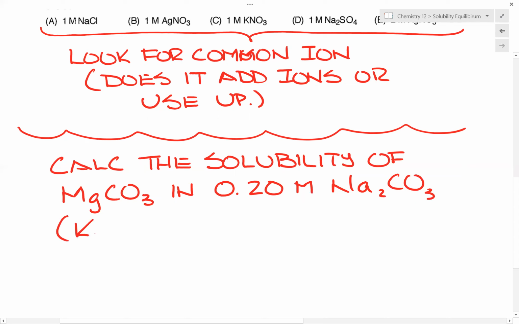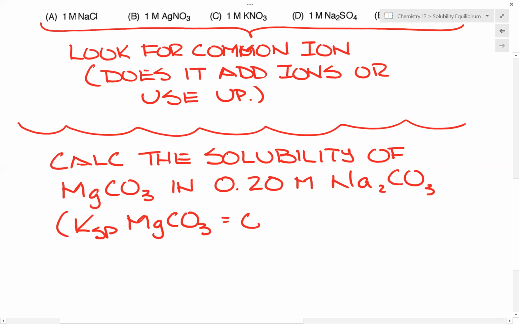And the Ksp of MgCO3 is equal to 6.8 times 10 to the negative 6.